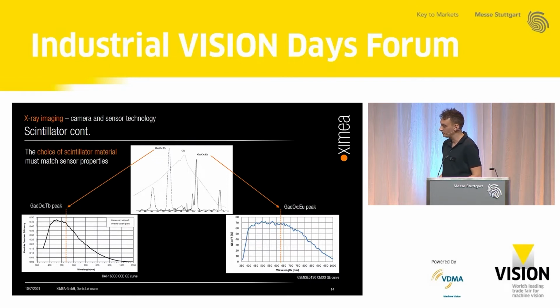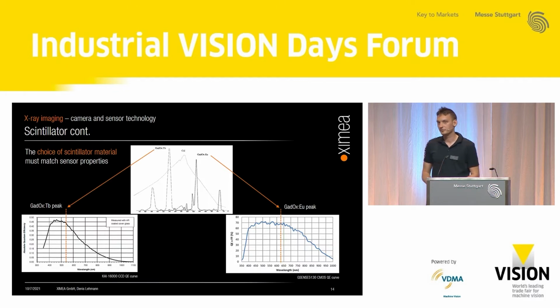As you can see, terbium-doped GADOX has a different wavelength response than europium-doped GADOX. I'll just say GADOX TB and GADOX EU. GADOX TB is roughly at 540 nanometers, and GADOX EU is at 630 nanometers.